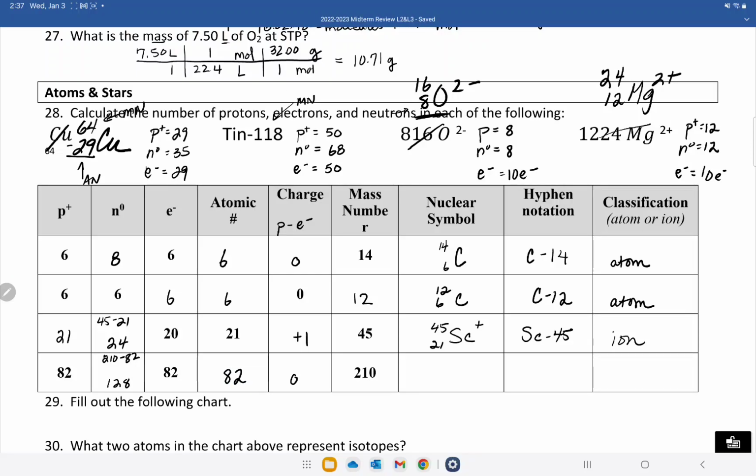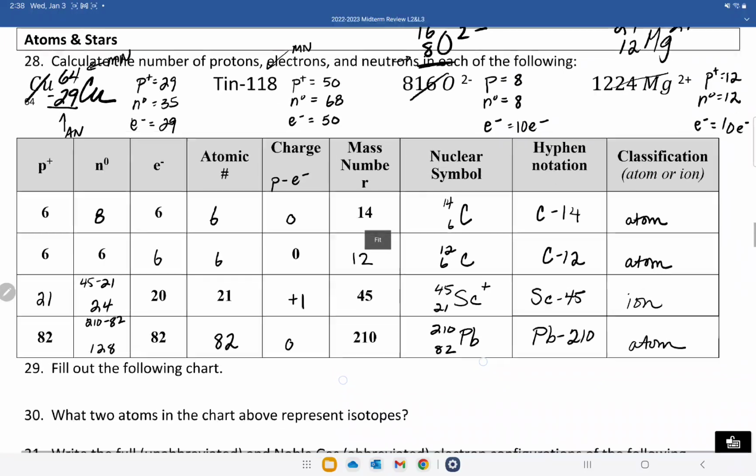And then I look on the periodic table. The element that has an atomic number of 82 is lead. And then my mass number goes on the top. My atomic number goes on the bottom. My hyphen notation is Pb210. And this is neutral, so it's an atom.